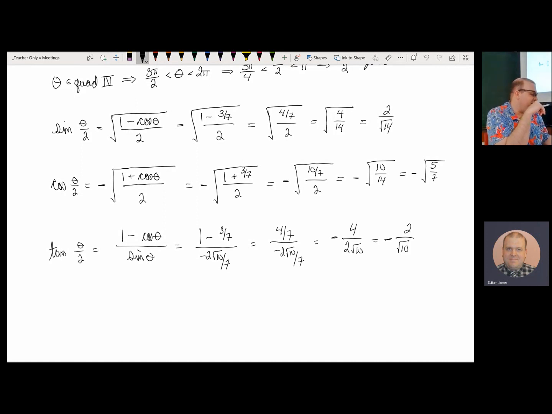Before we continue on, Monday we calculated cosine, sine, and tangent of pi over 12 and 5 pi over 12. Right, we did that using the sum and difference identities.